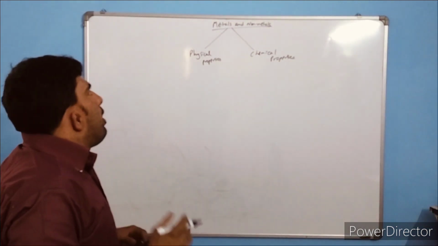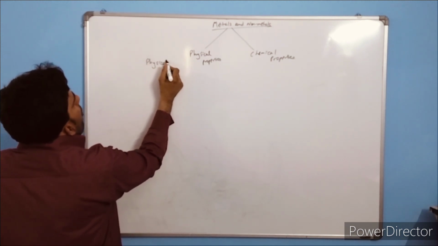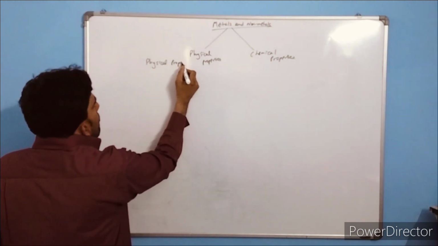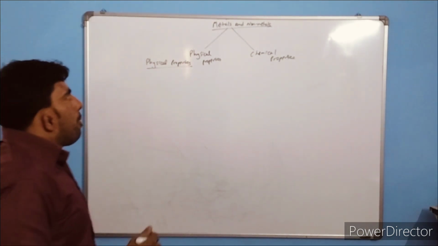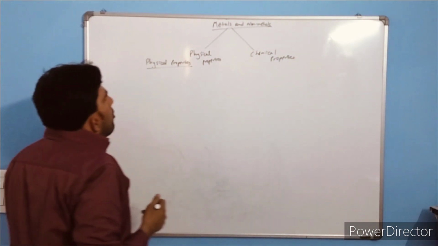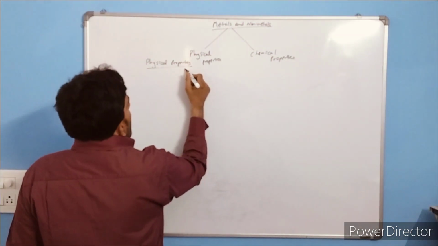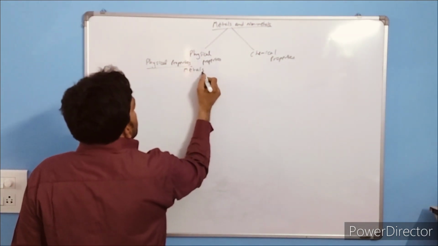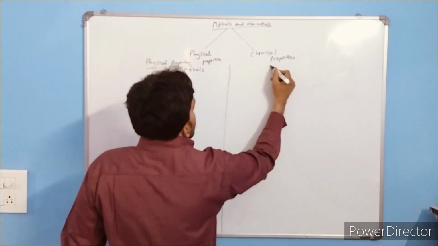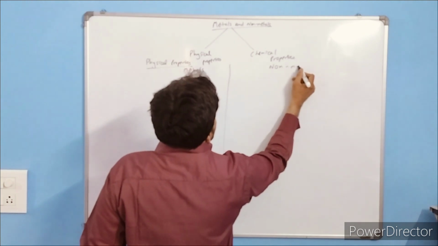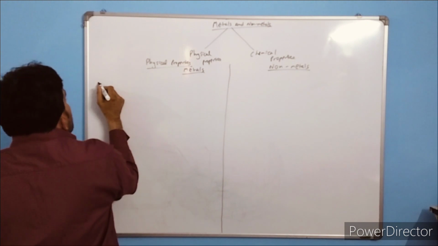First we will take physical properties, and how we can distinguish between metals and non-metals by them. So let us make a table: metals and non-metals. Lots of things are there. We'll see first one.